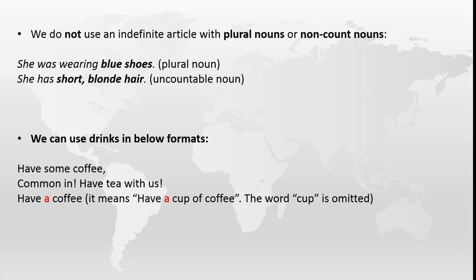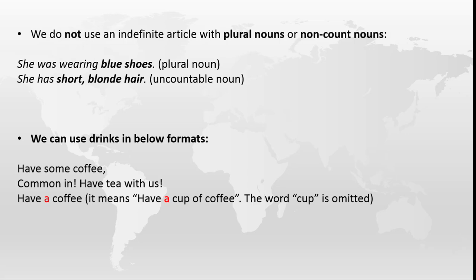Now let's pay attention to the points that I'm going to make here. We do not use an indefinite article with plural nouns or non-count nouns. Maybe it doesn't need to explain because it's obvious that we say, for example, she was wearing blue shoes. We can't say a blue shoes because it's not one, it's plural. Maybe we can say a pair of shoes when we use pair, but when we just say shoes, it can't be accompanied by a.